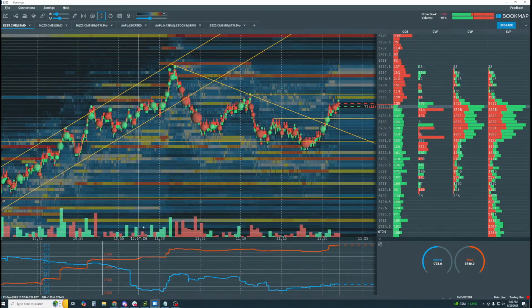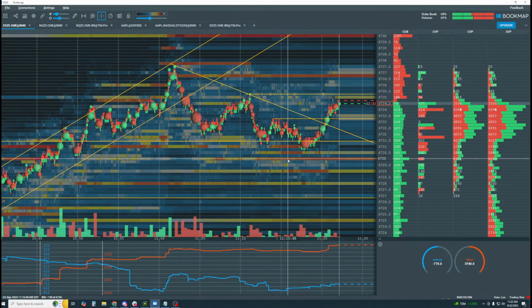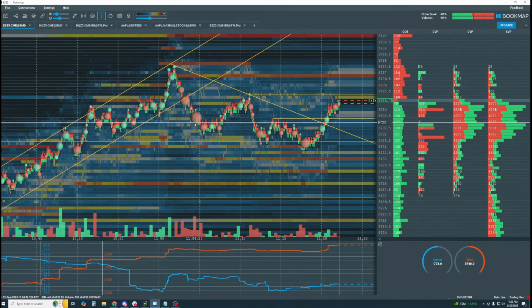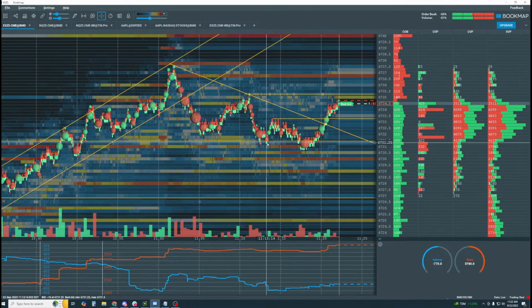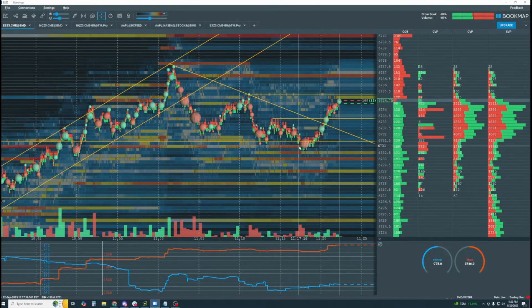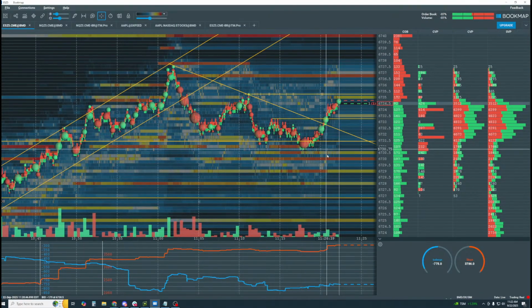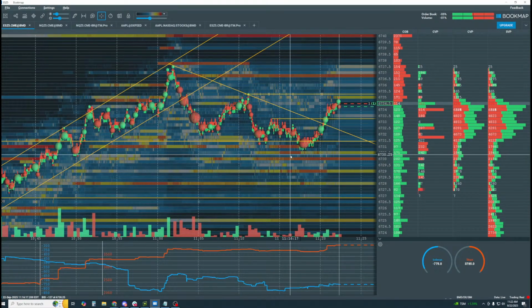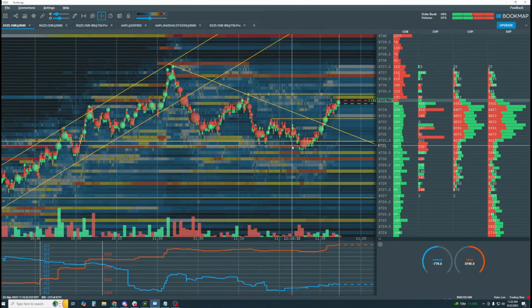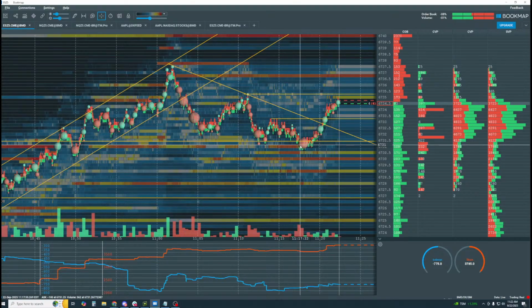So now what about the accumulation passively on the bid down here? Well, I don't see much here. I don't see much, but here's a little bit here. And we had a tiny stop run there, not much. But here's some passive liquidity getting filled here.